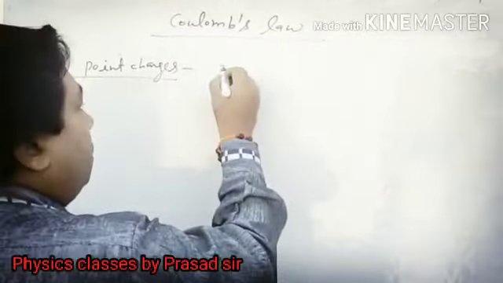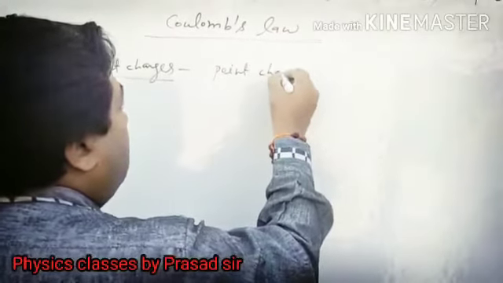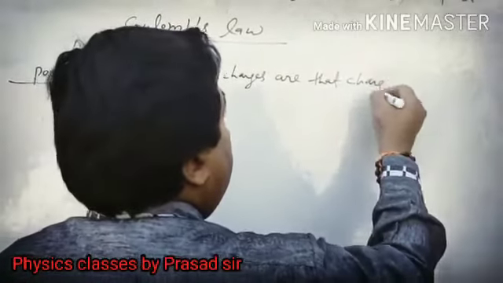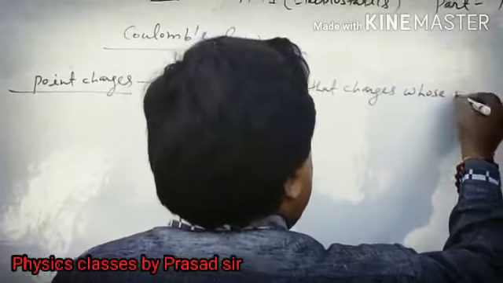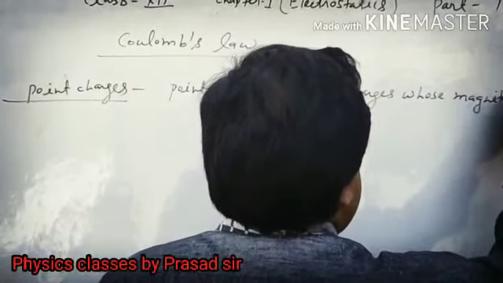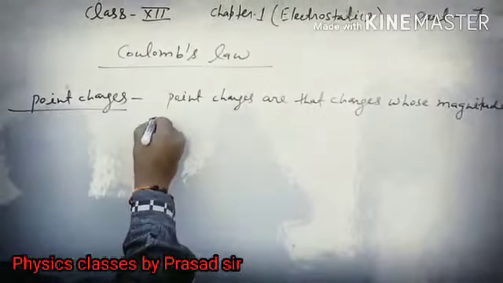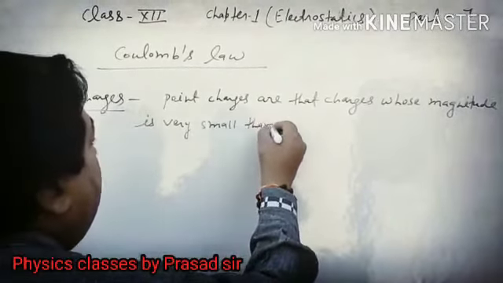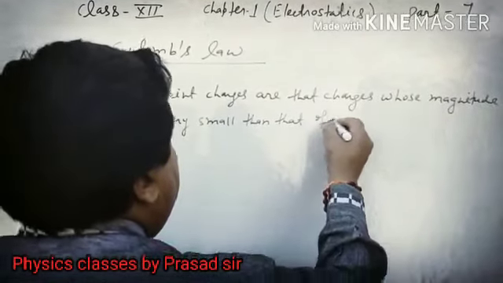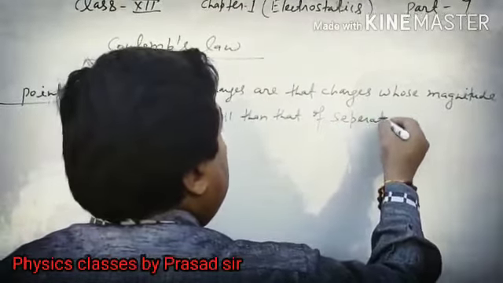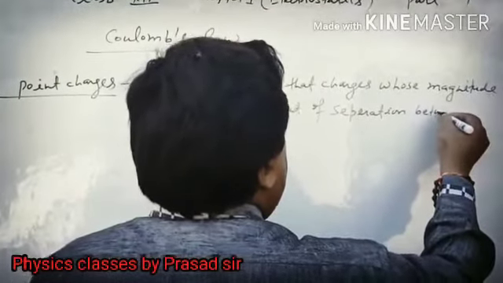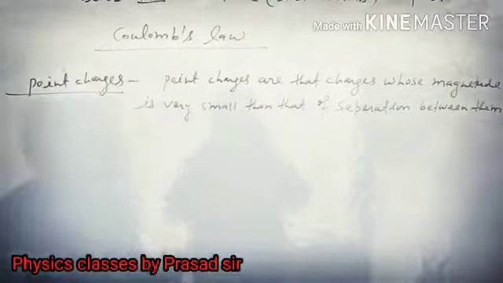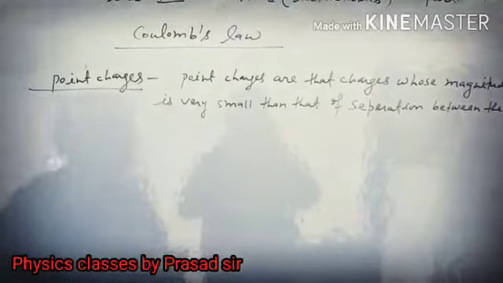That is, point charges are those charges whose magnitude is very small than that of the separation between them. Coulomb's law is only valid for point charges.